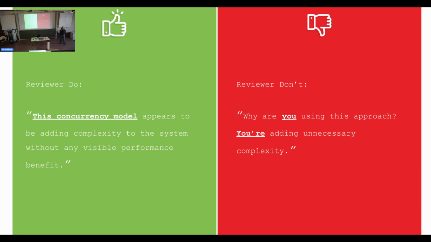The difference between those two reviews: the first one, in red, you are criticizing the person. You are using this approach, you are adding complexity. While in the other one, what you are criticizing is the code itself, the concurrency model. This is adding complexity to the code. All right? Sorry, I think the color is not really great, right? You don't see very well, or is it okay? Yeah.